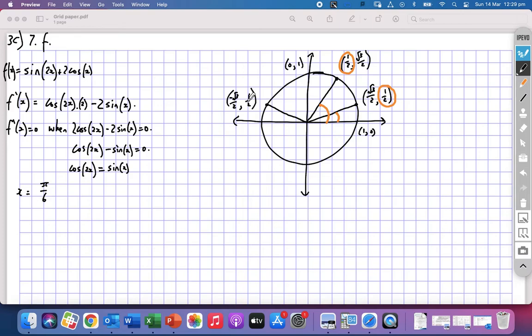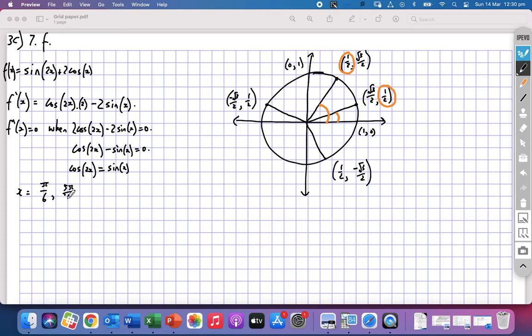Now if I double 5 pi on 6, I get 10 pi on 6. That's the same as 5 pi on 3, which takes me here, where the cos is a half. Sine is minus root 3 on 2. So that works.